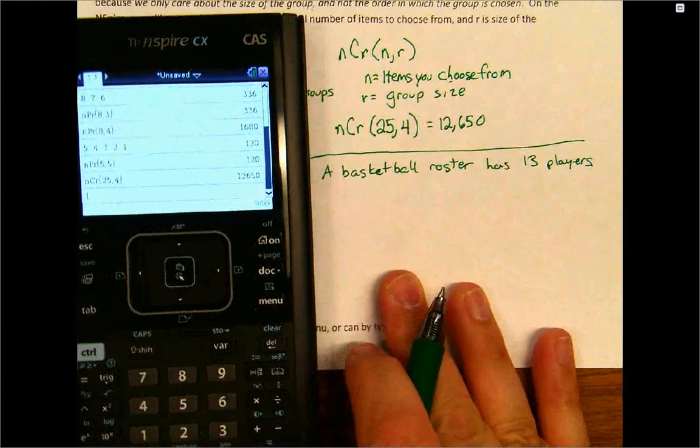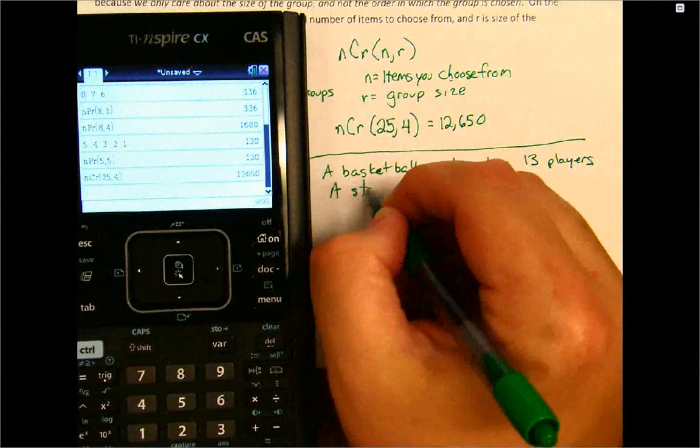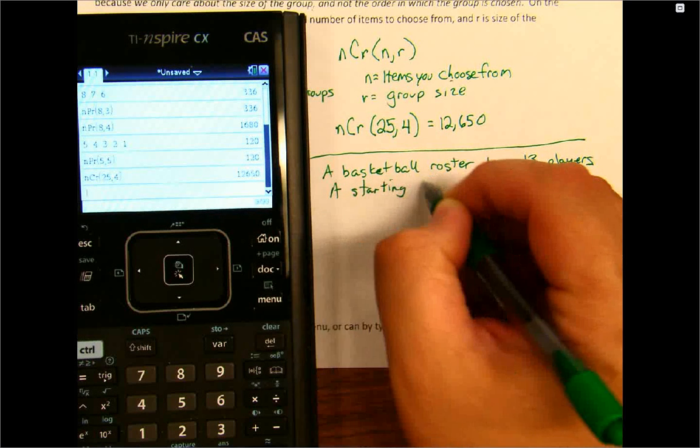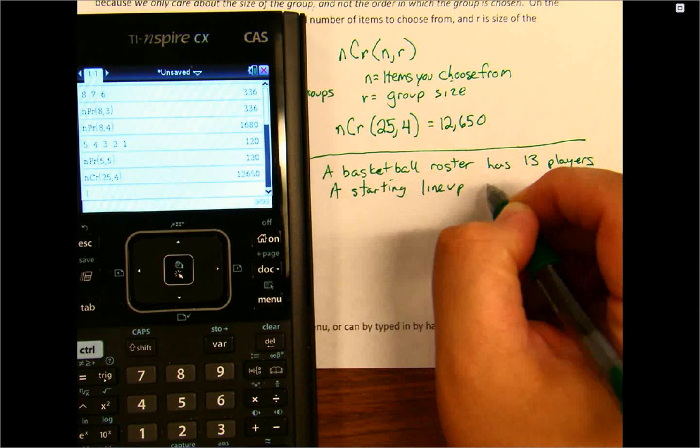A starting lineup is a group of 5 players.